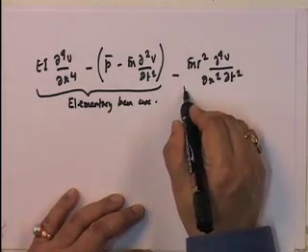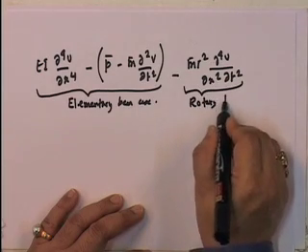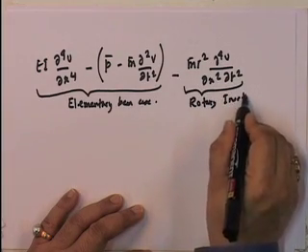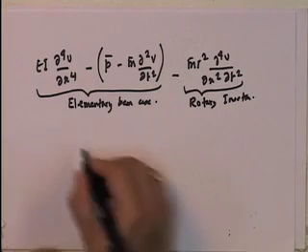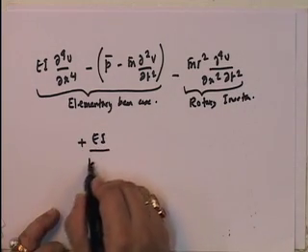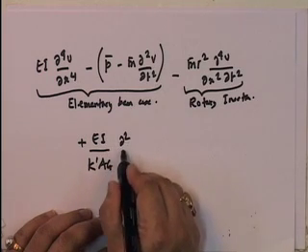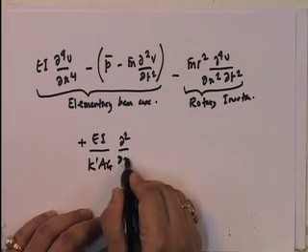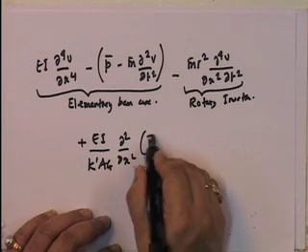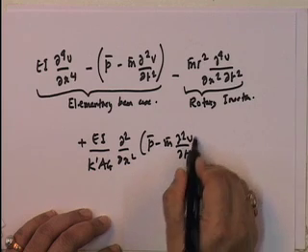This is purely due to rotatory inertia. The other part that comes is EI upon k' A G ∂²/∂x² of (p bar minus m ∂²V/∂t²).